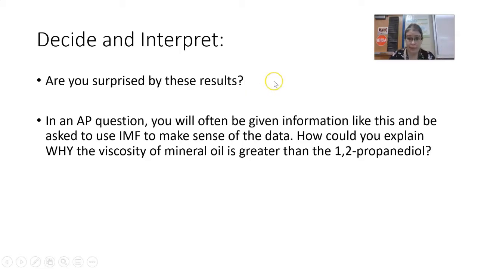You'll often be given information like this and be asked to use the intermolecular forces to make sense of the data. For example, they could give you a table of viscosities and ask you to explain why the viscosity of mineral oil is greater than 1,2-propane diol when comparing the intermolecular forces between the two.